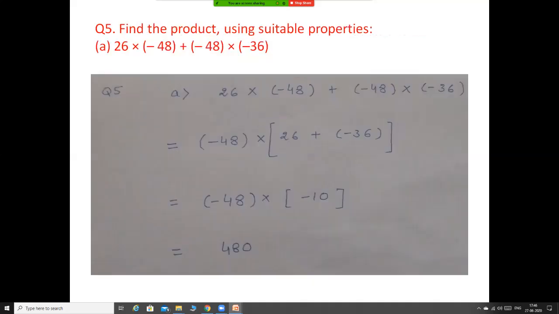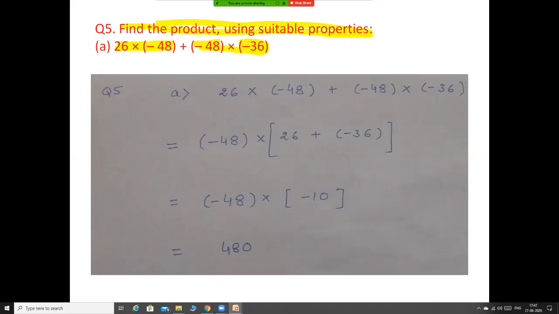Now let us discuss what is there in question number 5. Find the product using suitable properties. Okay, first part, 26 into minus 48 plus minus 48 into minus 36.